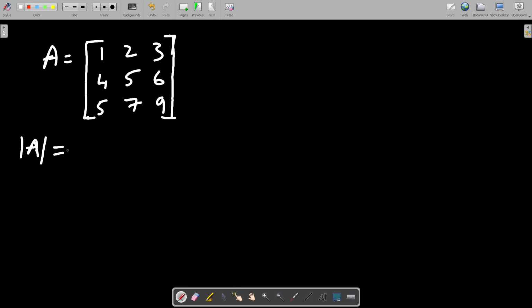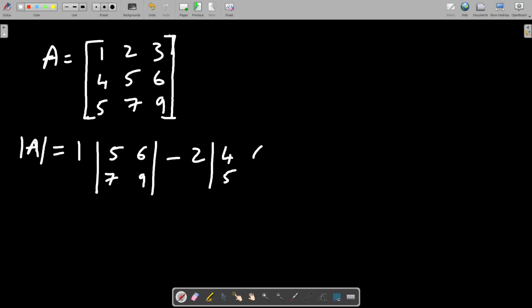So let us calculate 1 into determinant of 5 6 7 9, minus 2 times determinant, it will be 4 5 6 9, and third thing will be 3 times 4 5 5 7.